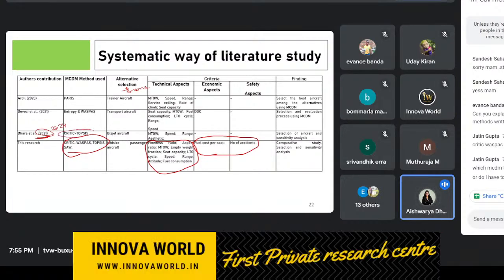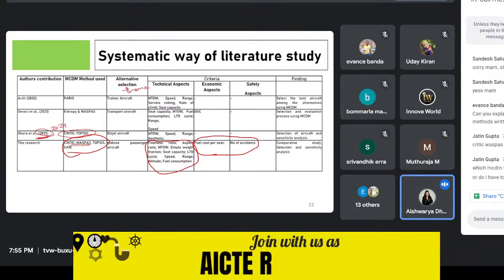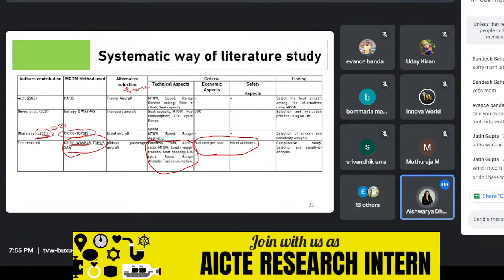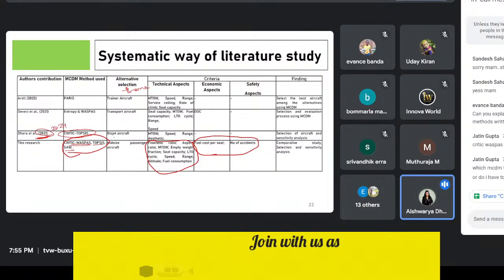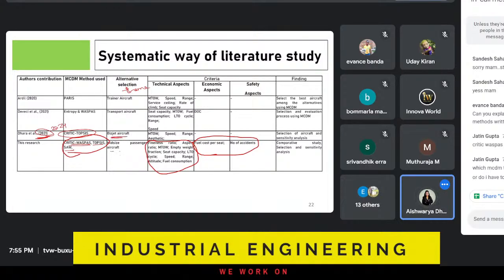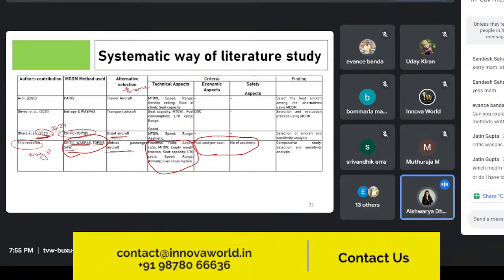Somebody has made a CRITIC TOPSIS; here what I have done is CRITIC WASPAS, comparing with other different variants. They have worked on a business jet. This is my research work.